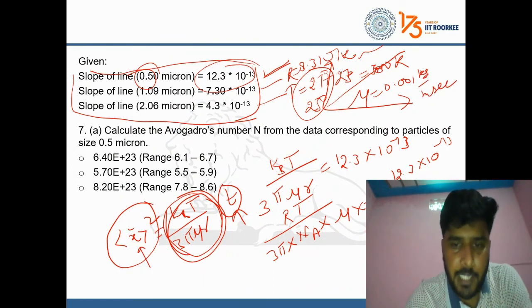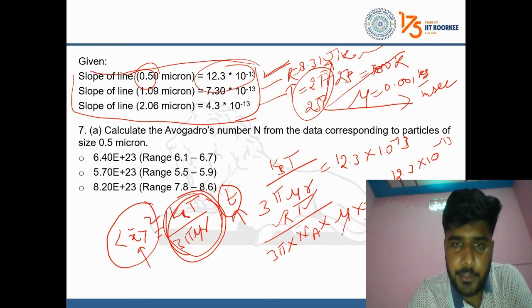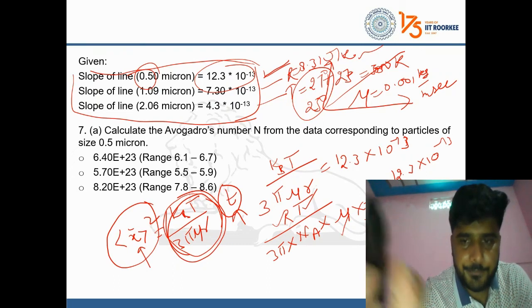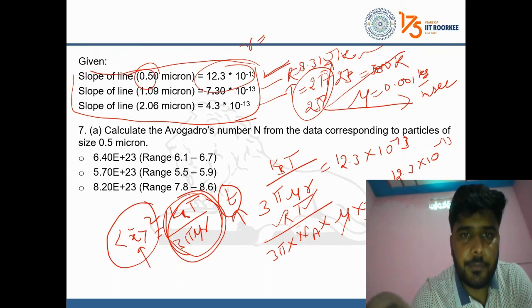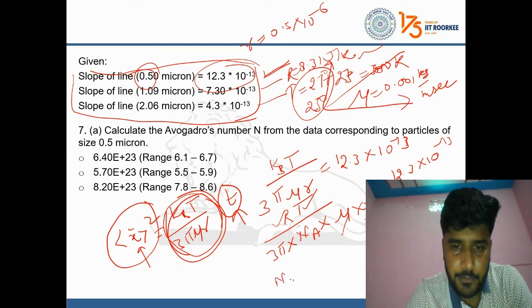So you have this value, this value, this value, and this value. But before putting in the formula, you have to convert the units. The radius r is 0.5 times 10 raised to minus 6. From this value you can calculate the Avogadro number.